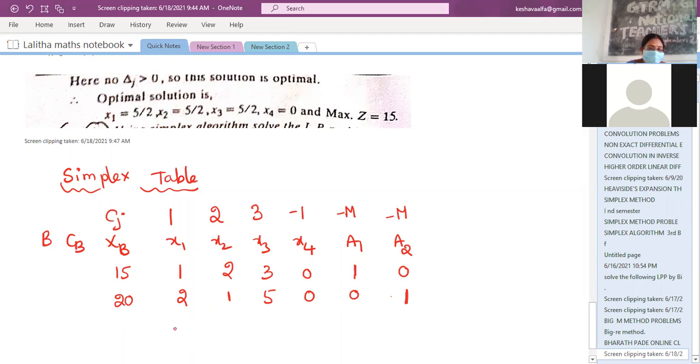Next, the third constraint: 1x1, 2x2, x3 is 1, x4 is 1. There is no a1 or a2, and no need to add a3, because we already have the unit columns. The third constraint value is 10.